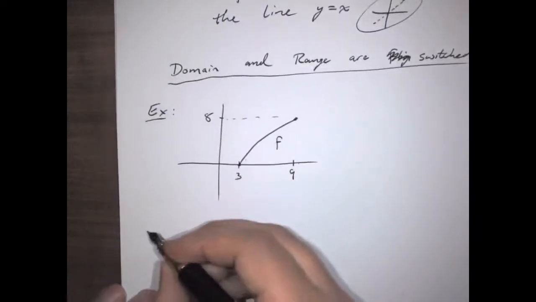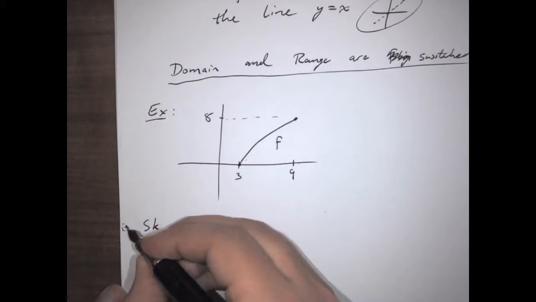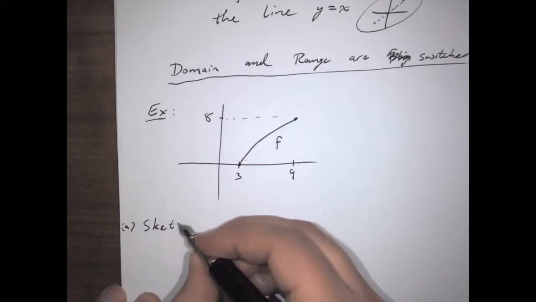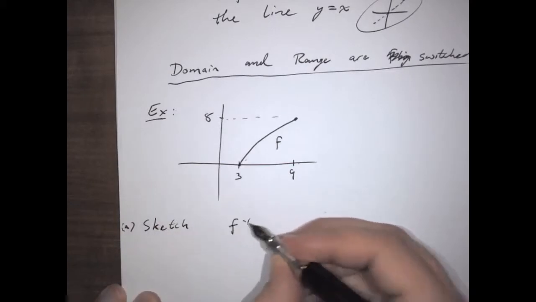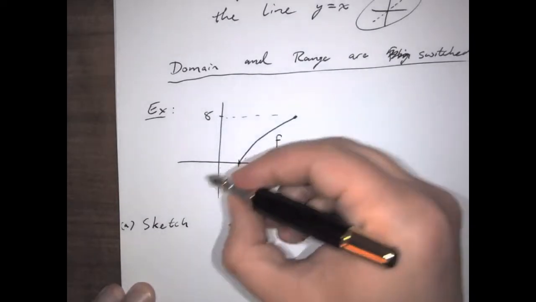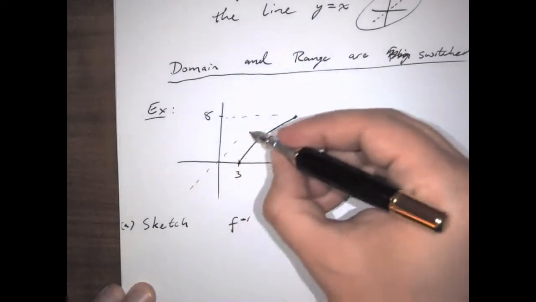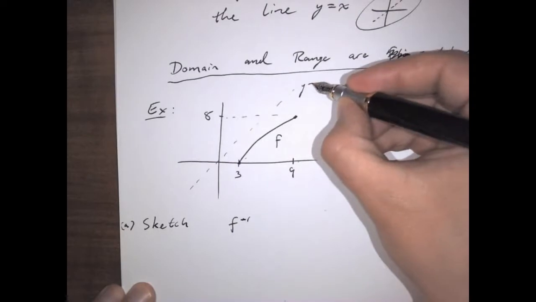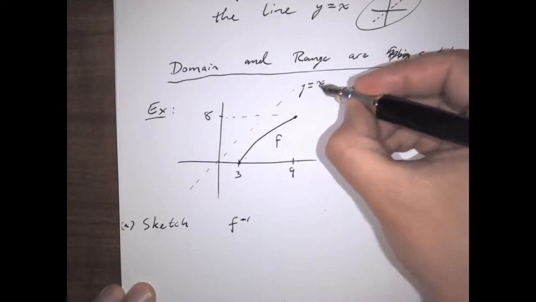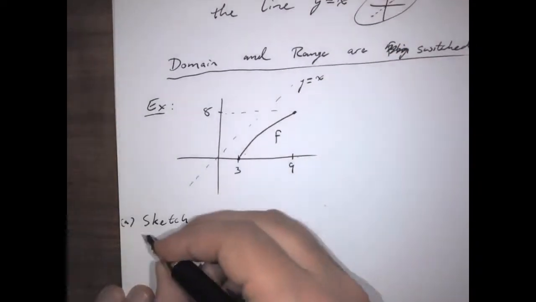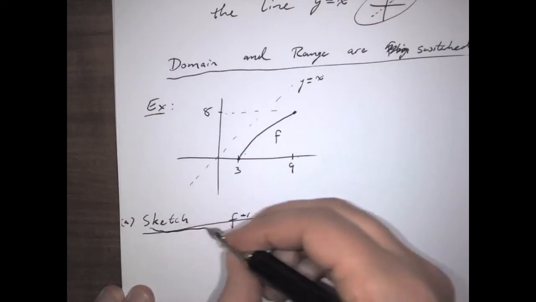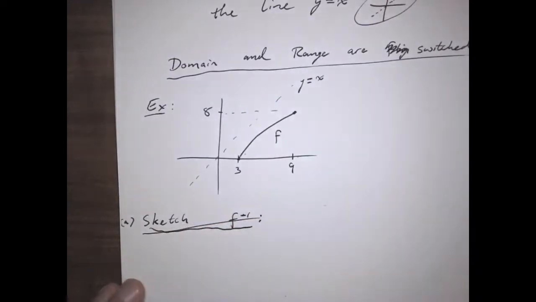Now, if we want to sketch, so that's going to be part A, sketch f inverse, then what that basically means is you take the line y equals x, and you are going to just reflect the graph about that line.